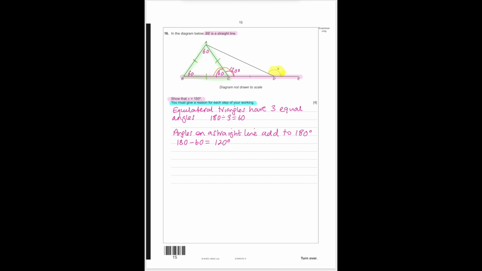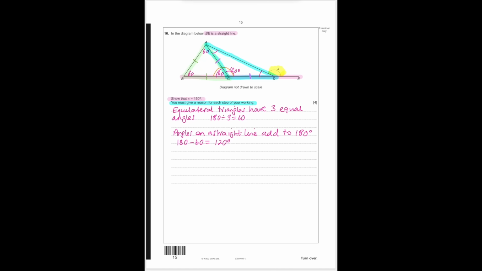The next thing I'm going to work with, guys, is this triangle here, okay? And these two dashes that are marked on there tell me that that triangle has 2 equal sides. So this is an isosceles triangle. And what I know about isosceles triangles is base angles are equal. So this angle and this angle, the angles at the feet of those equal sides, must be equal.